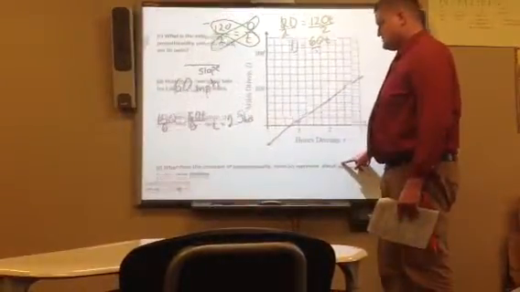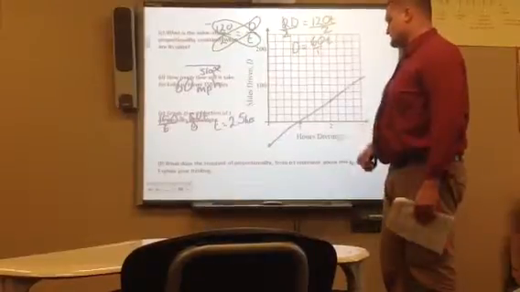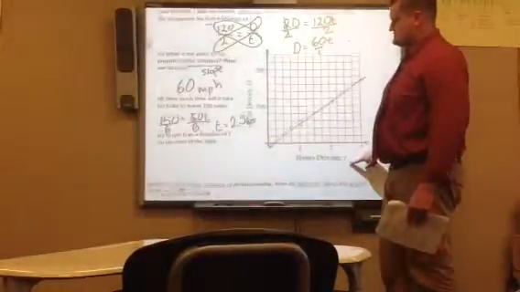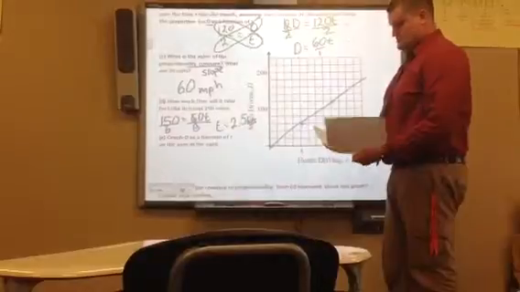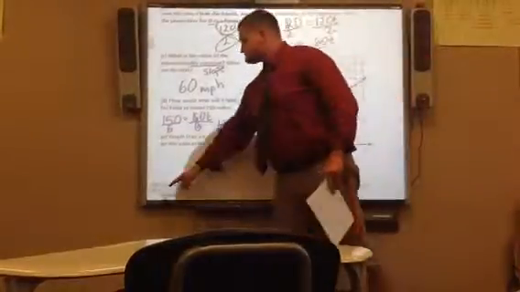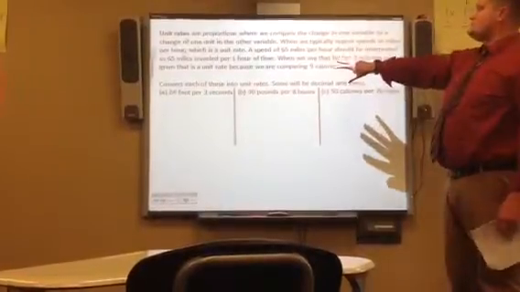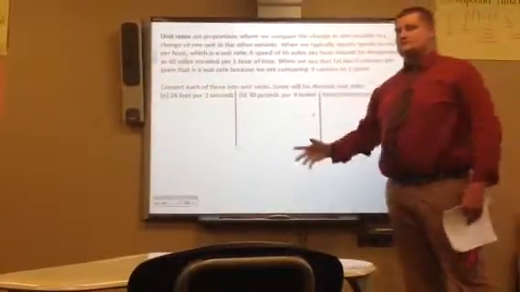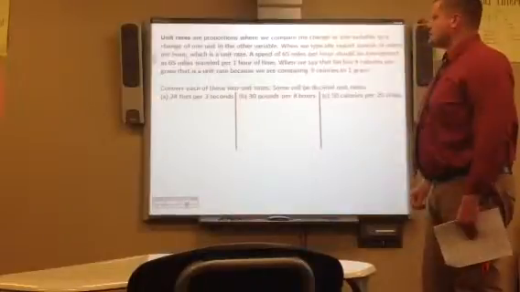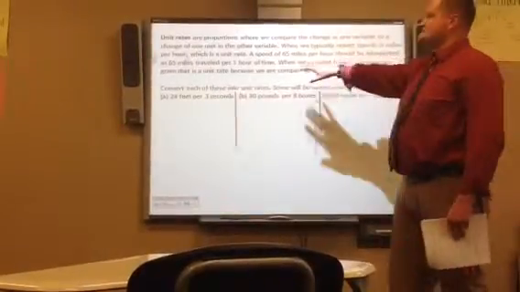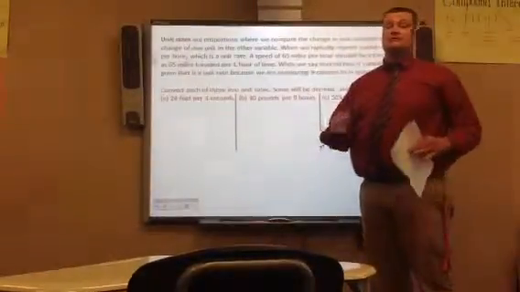Alright, and then what does the constant of proportionality represent? We talked about that. It represents the slope of the graph. Okay, and then lastly, we're going to talk about a unit rate. So proportions where we compare the change in one variable to the change of 1 unit in the other variable. When we typically report speeds in miles per hour, the unit rate would be 1 hour.